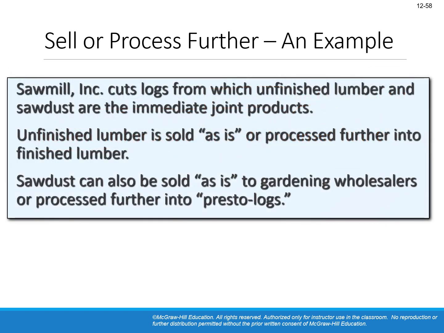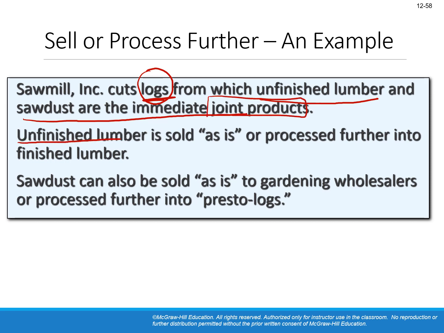An example says a company cuts logs from which unfinished lumber, so we're talking about wood here, and sawdust are the immediate joint products. So when you cut logs of trees, you can get unfinished lumber, or unfinished boards of wood, and sawdust, which are the joint products in this case.